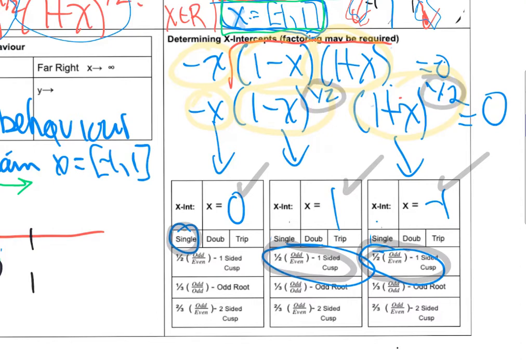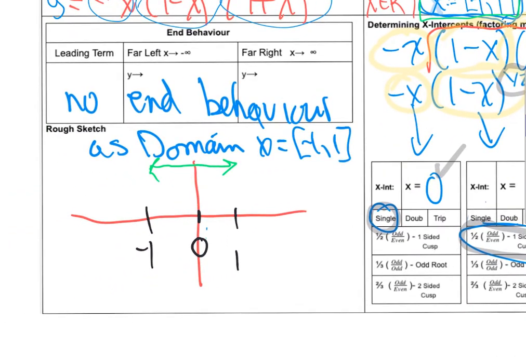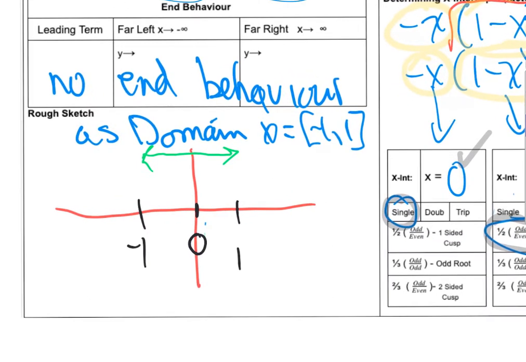Okay, so this is where things get interesting. How do I graph this? And I remember the first time I did a question like this. It's funny, I always remember the things that I struggled with in math. I think I had to sketch something like this in university, not even in high school.